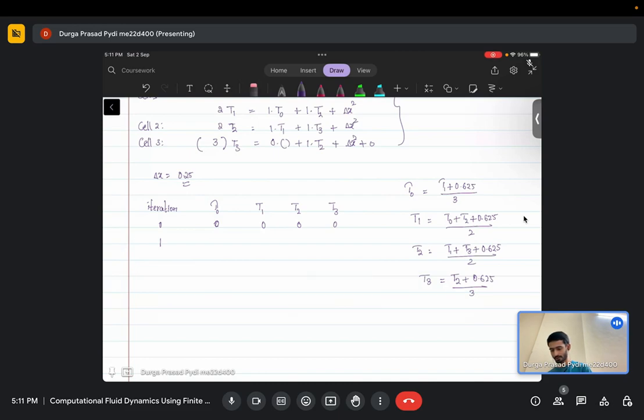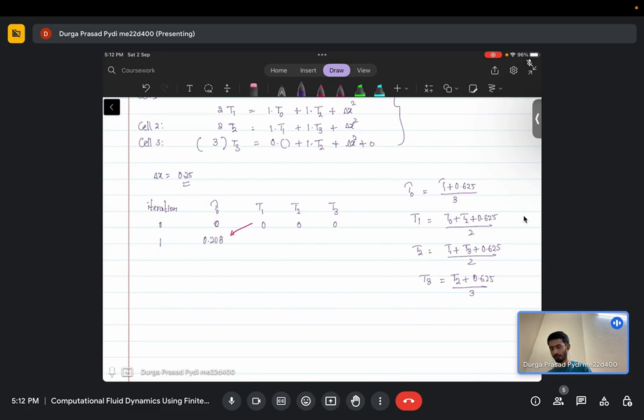T0 is given by, first you take the expression for this. So for T0 you have contribution from T1, so this goes here, so that will give you 0.625 divided by 3, it's around 0.208.